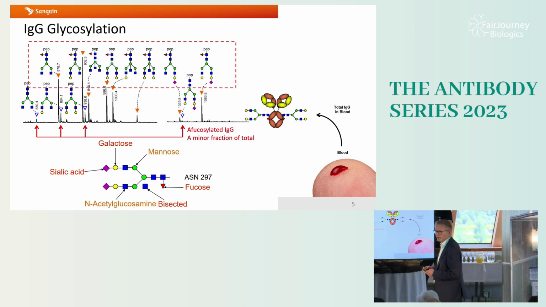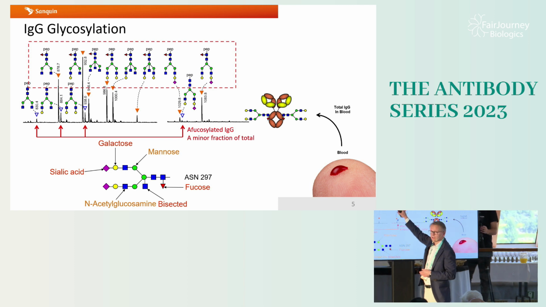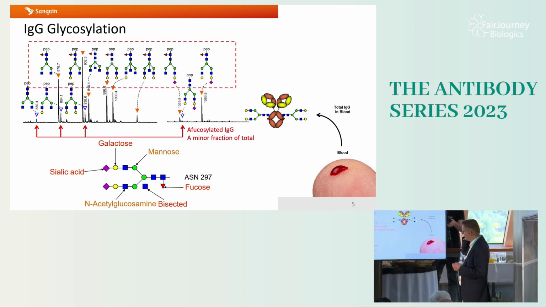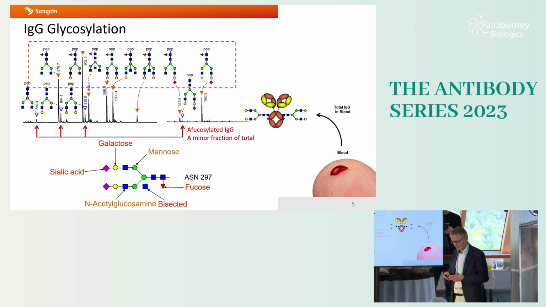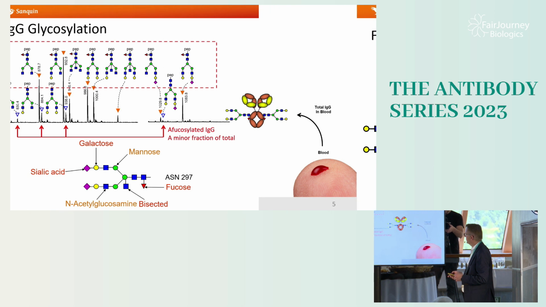Afucosylated antibodies are almost not present in our blood, and if you take a look at these small peaks that I've highlighted in red, they are a minority in our blood. So those are the structures without the red triangle, which is the fucose, which I will be spending a lot of time on in the next couple of minutes in the first part of my talk.